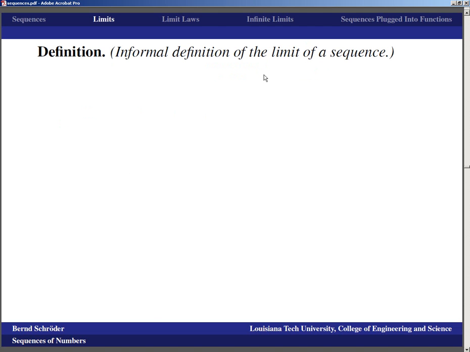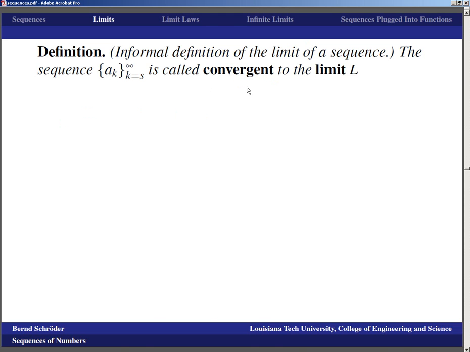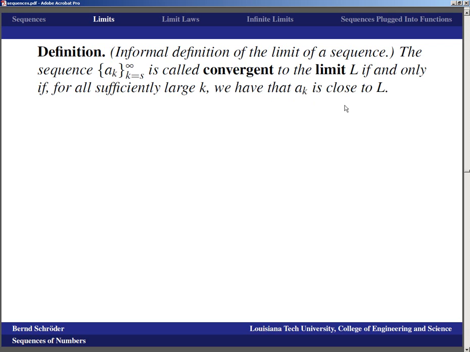The informal definition of the limit of a sequence is that the sequence a_k is called convergent to the limit L if and only if, for all sufficiently large k, we have that a_k is close to L. Now this is something where we deliberately leave the terms sufficiently large and close undefined.